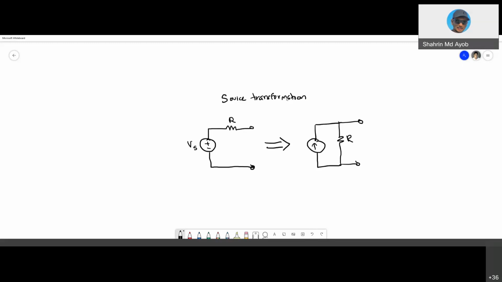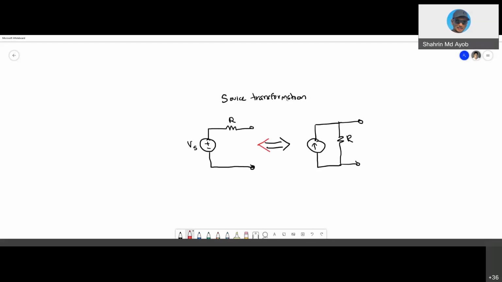And you can also transform it back. So both circuits are interchangeable.